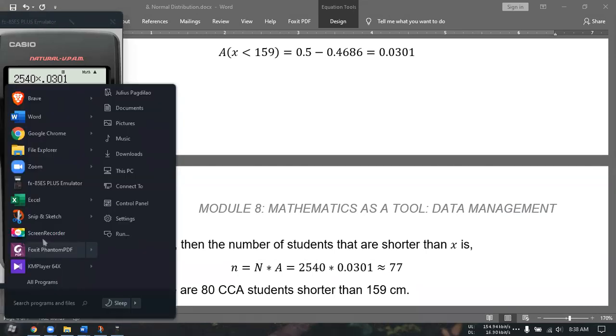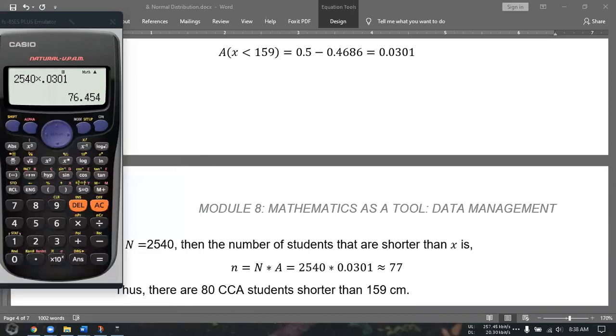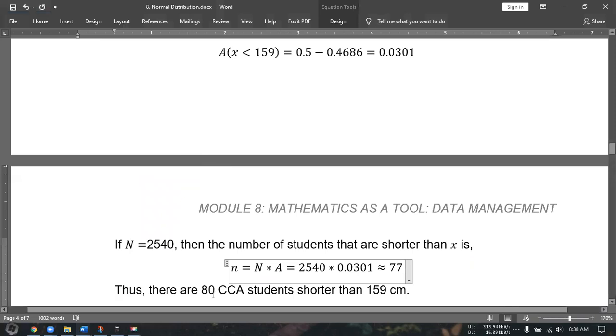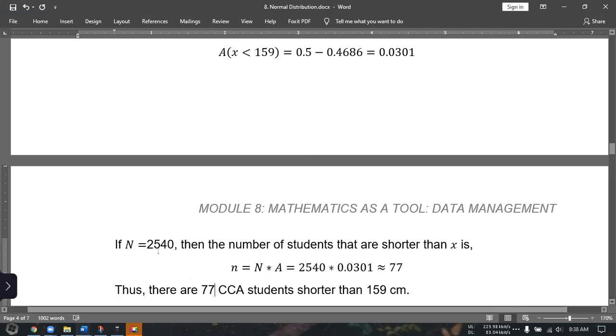Okay, question? So our conclusion is that, no, this should be 77. There are 77 CCA students shorter than 159 centimeters, 77 out of 2,540 CCA students.